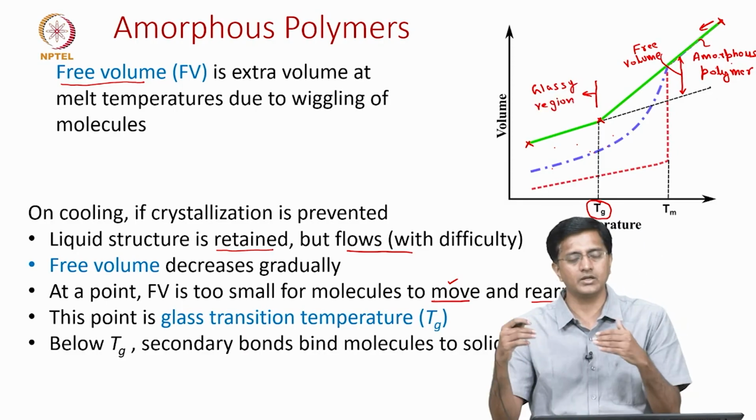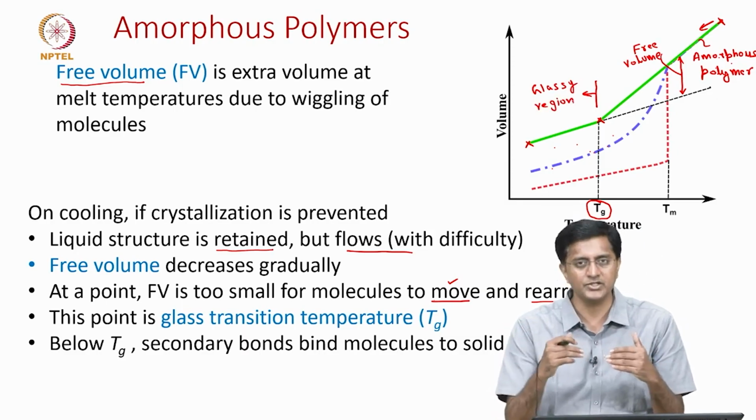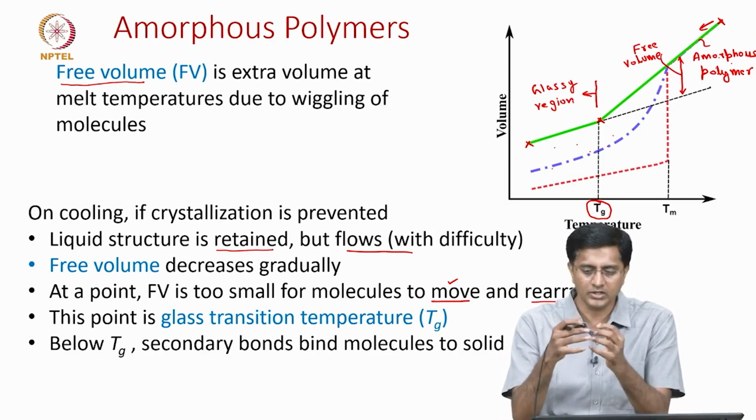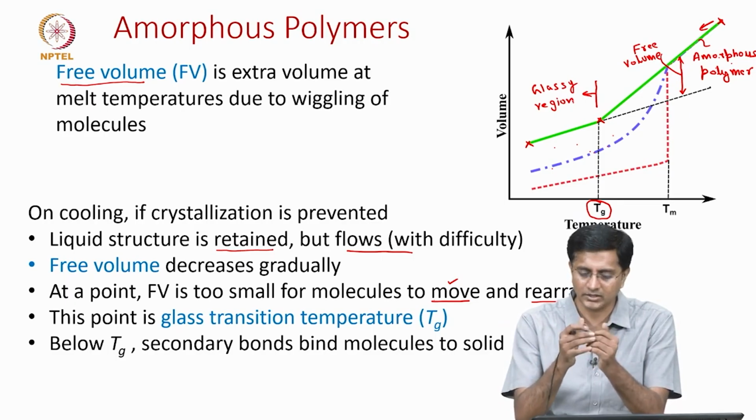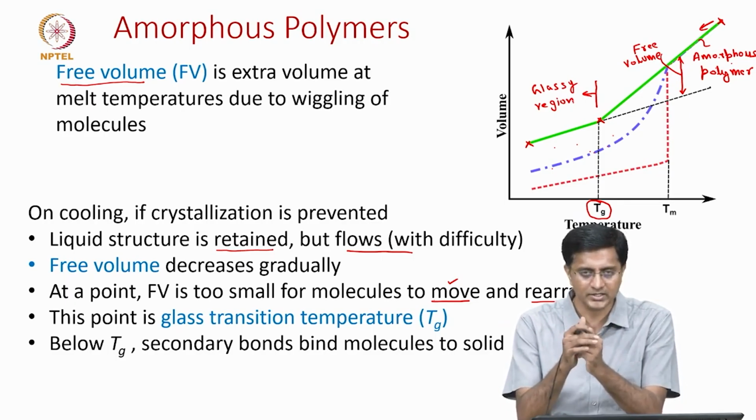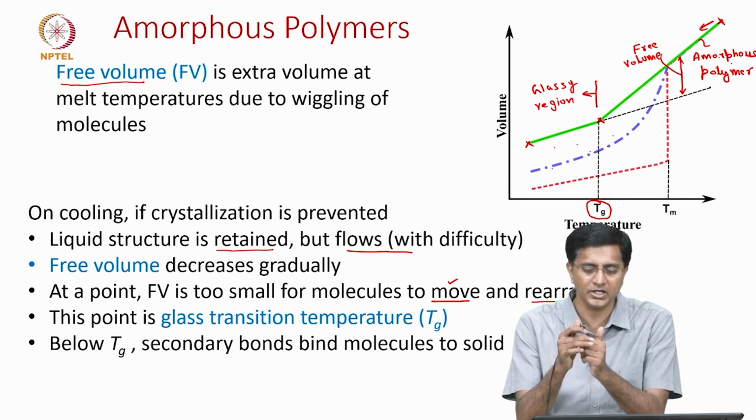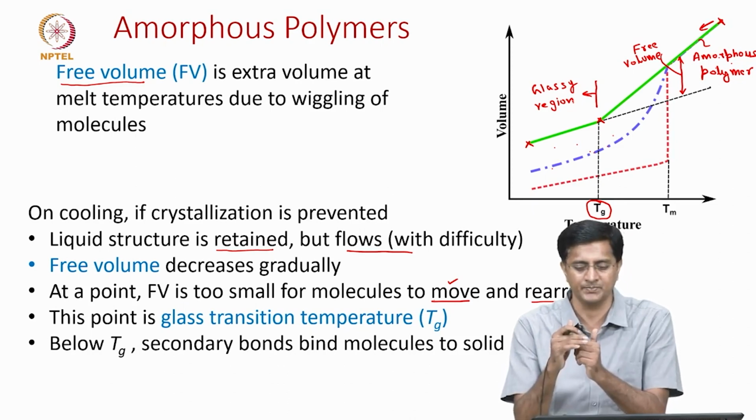So, if you are still decreasing the temperature, what happens is now all these polymer chains can't move past each other. They are stuck in a particular configuration or position, but still there is some slight movement because of the thermal energy available even at these temperatures.